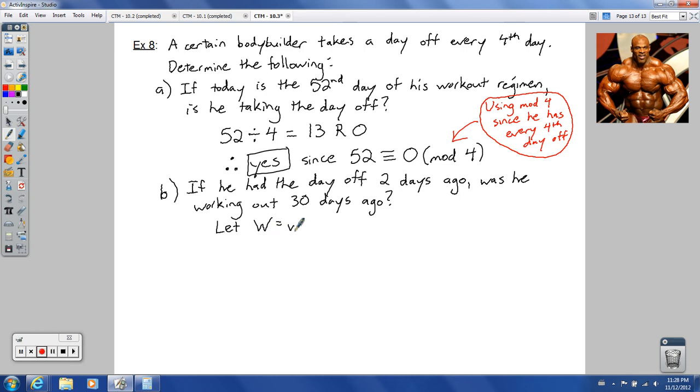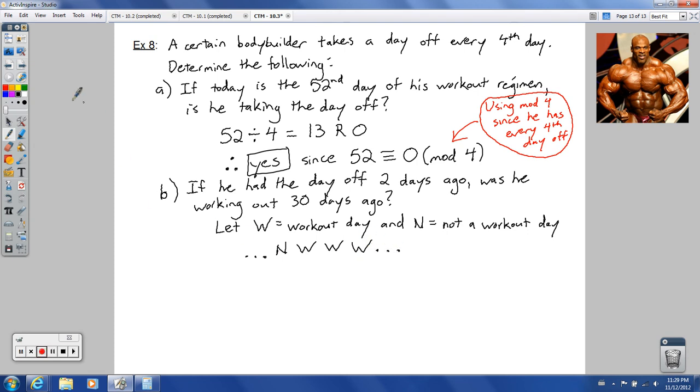So I'm going to write out that W is the workout day and N is going to equal not a workout day, so a non-workout day, a rest day in other words. And so the cycle would continue every 4 days. We'd have a non-workout day, then a workout day, then a workout day, then a workout day, and that pattern would continue.